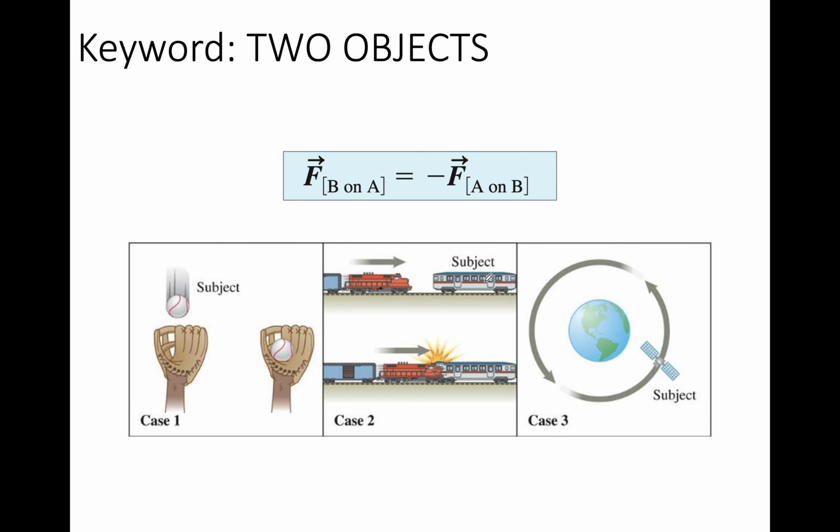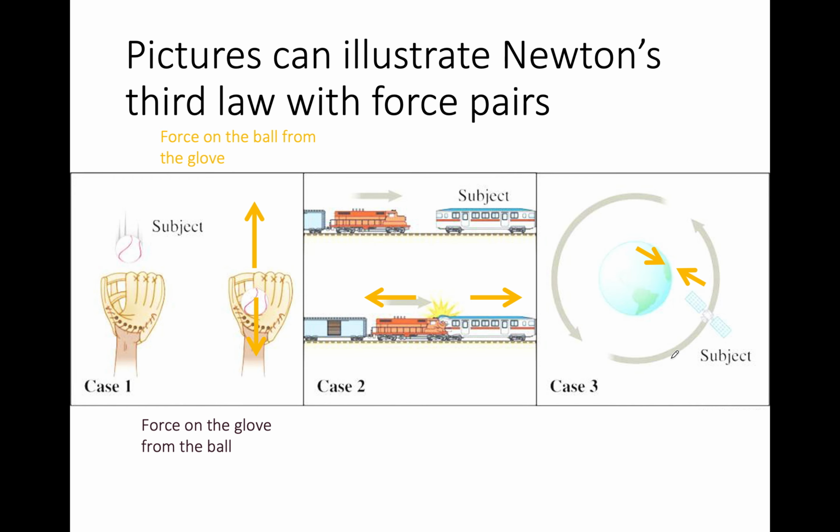Same for a train colliding with a bus, or Earth and a satellite. Let's see how the forces work out. There is a force from baseball on hand, then a force from hand on baseball. Here, we have a force from train on the bus, and a force from bus on train.